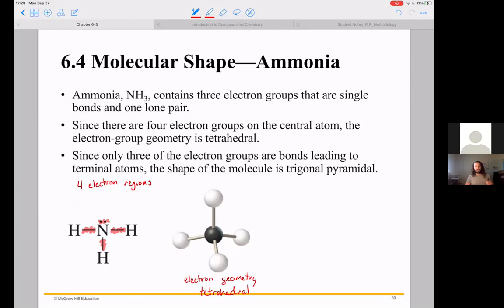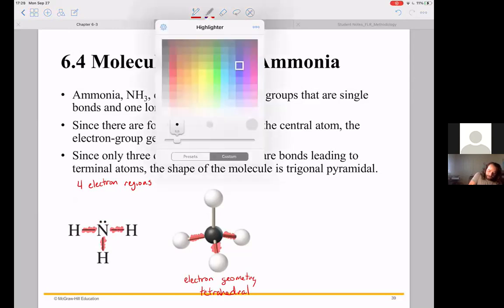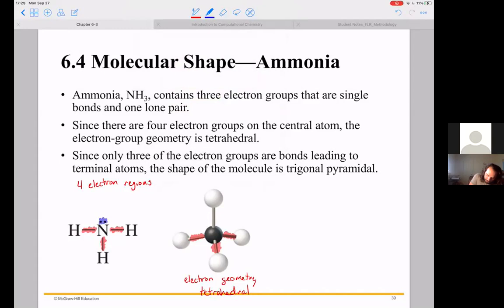Right? So that means that those electron clouds are oriented as a tetrahedral. So for example, let me color code here. Each bond is represented in red. And then the lone pair is also in this shape. So that corresponds to that group there, right?